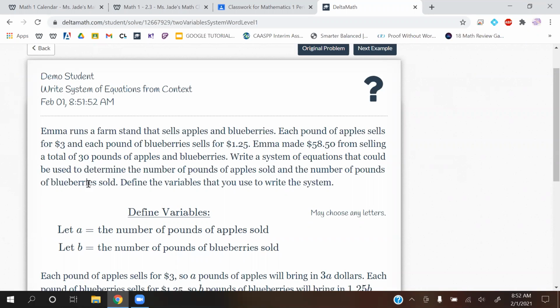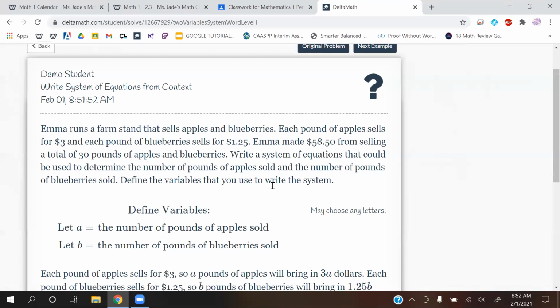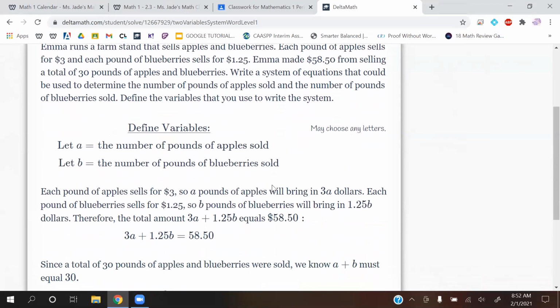Write a system of equations that could be used to determine the number of pounds of apples sold and the number of pounds of blueberries sold. Define the variables that you use to write the system. You can choose any letters, but here it says let A be the number of pounds of apples sold, and B the number of pounds of blueberries sold. So A for apples, B for blueberries.